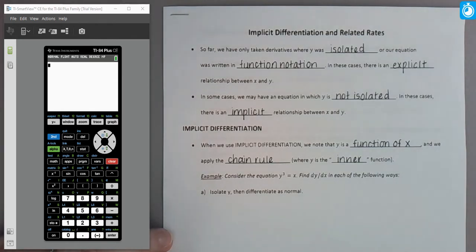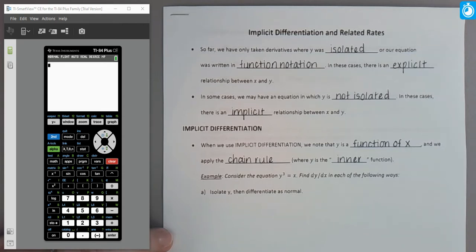Well, y is also a function of x. So we differentiate the function involving y, like we normally would, but then we have to multiply by whatever the derivative is for y with respect to x. So we think of y as the inner function for a function composition. We differentiate the function as normal, whatever that function is involving y, and then we take the derivative of y with respect to x, what we normally write as dy/dx.